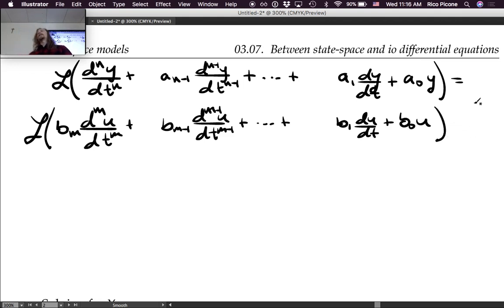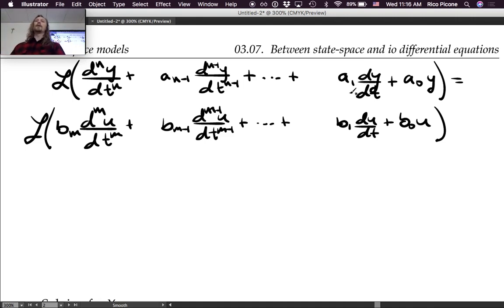Okay, so what's in here is, of course, the left-hand side of just an input-output differential equation: a bunch of time derivatives of the output. For the first-order system, all this stuff isn't there, and we just have a first derivative. But we want to be able to do this in general.